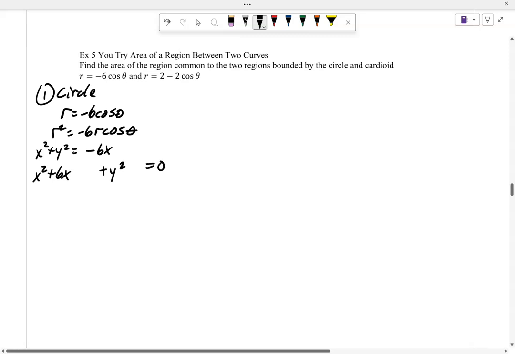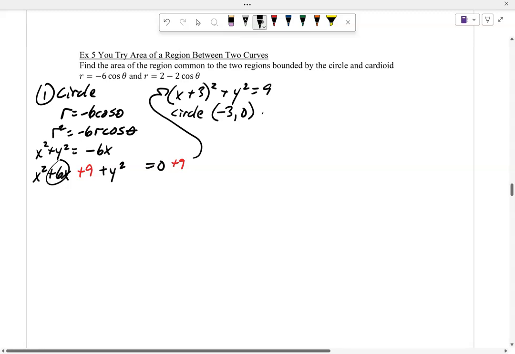Go ahead and complete the square. So 6 over 2 squared is 9. And you've got x plus 3 squared plus y squared equals 9. So this is a circle centered at -3, 0, with a radius of 3. Right? So what you're wanting to graph here.